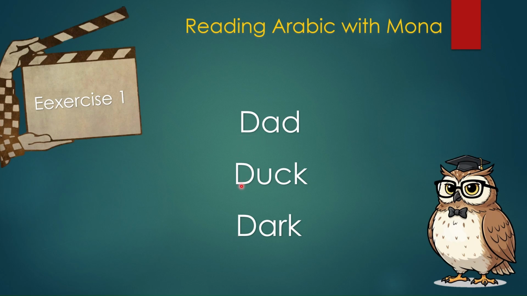Dad, duck, dark. Now we want to use these qualities for these words and apply it to the tongue when we learn how to exactly pronounce the letter Dhaad. So let's quickly move from the plain sound, dad, duck, dark.